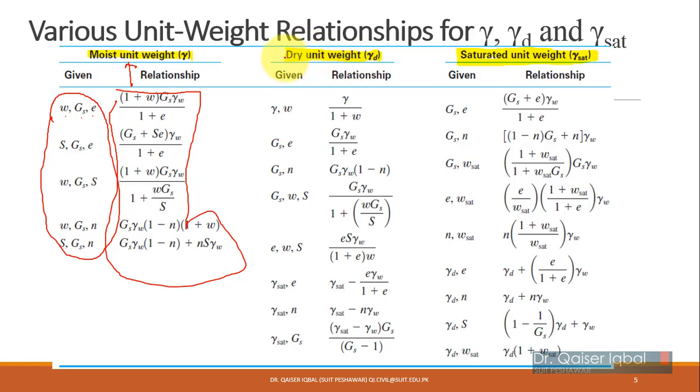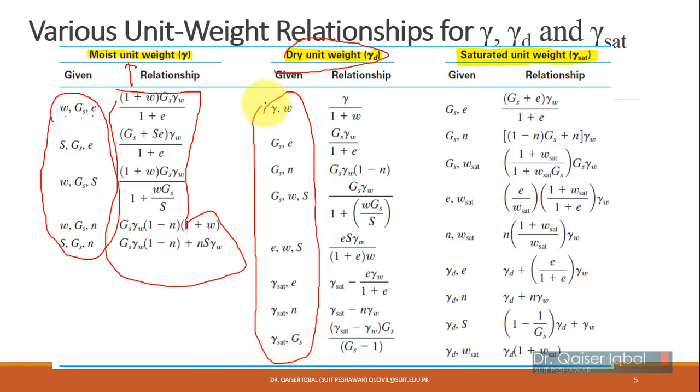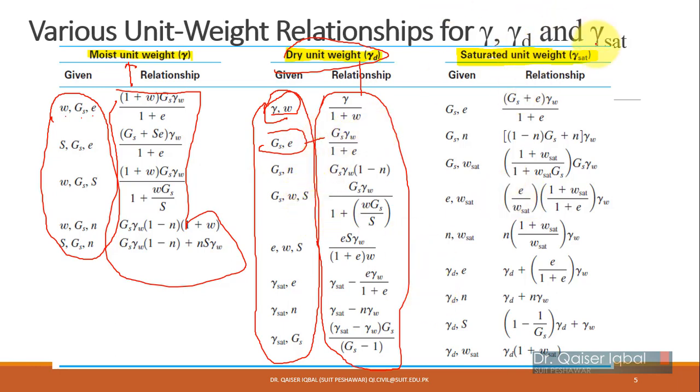Similarly over here, if you want to determine the dry unit weight, and any of these properties are available, you can use these correlations to determine the value of gamma D. You can see the properties which are available on the left will always be in the equation. On this table you can also determine the saturated unit weight.